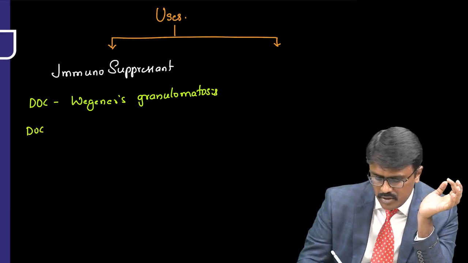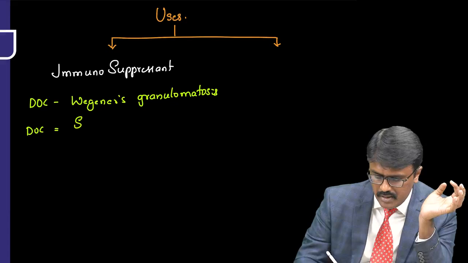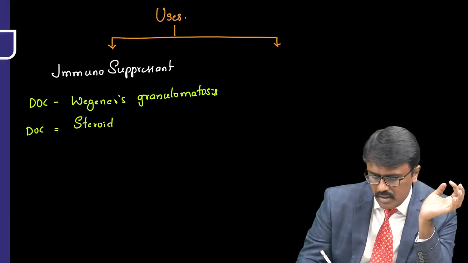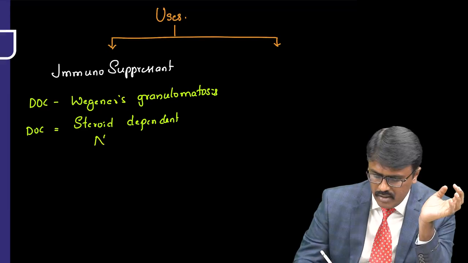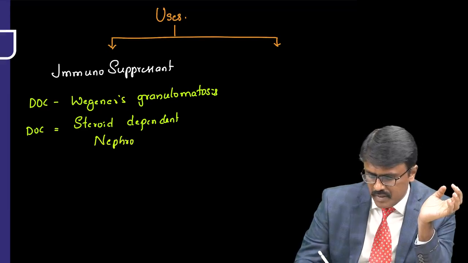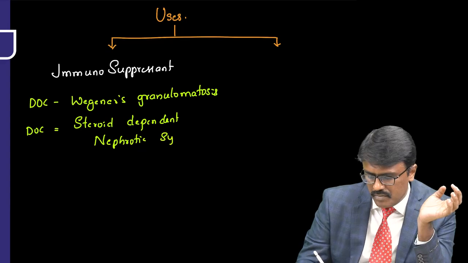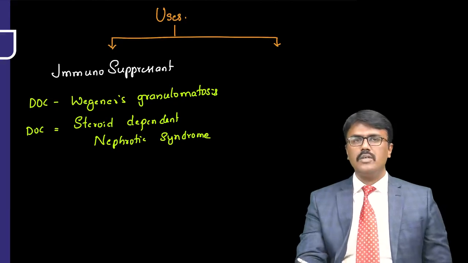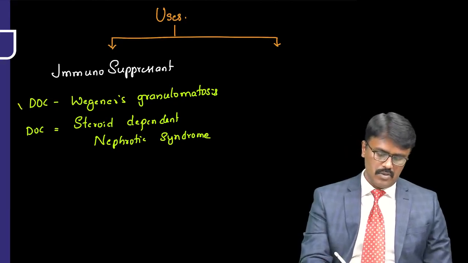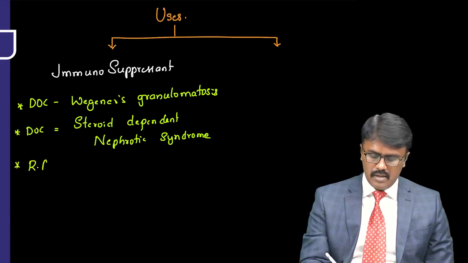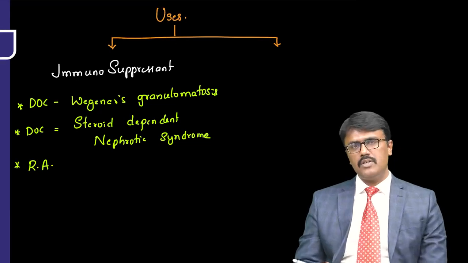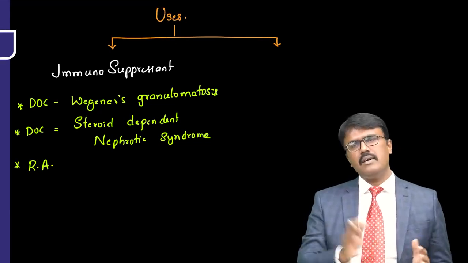It is also the drug of choice for steroid dependent nephrotic syndrome. I think you have studied in pediatrics. That's the reason why the questions come from this. And in one more autoimmune disorder, rheumatoid arthritis, we also use cyclophosphamide, but not as a first line drug, we use it later.